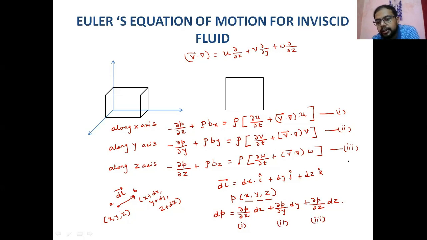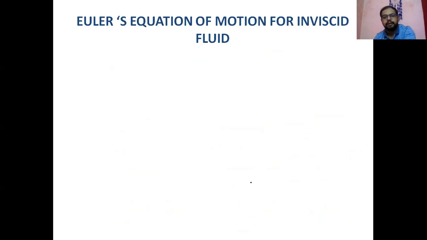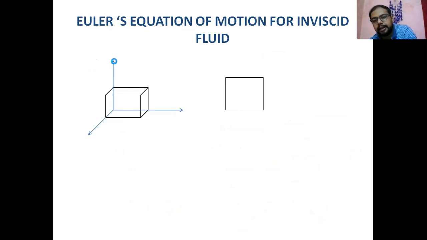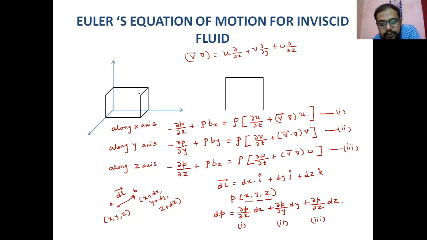After putting the values, we can write this equation in this manner. So del P del x value is nothing but rho bx minus rho into this term.